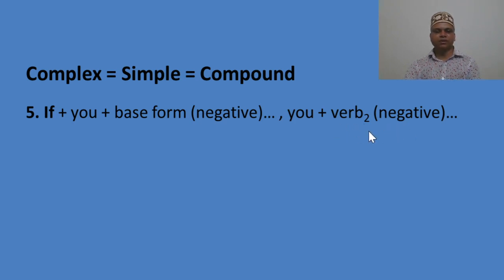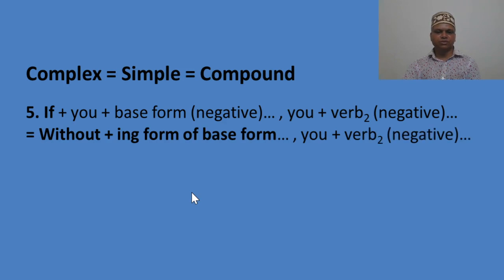So if a complex sentence begins with if and the verbs of both clauses are in negative form, then we have to transform it into simple, following this structure. We have to use without, then the ing form of the base form, and the rest of the sentence, and the principal clause will be the same.